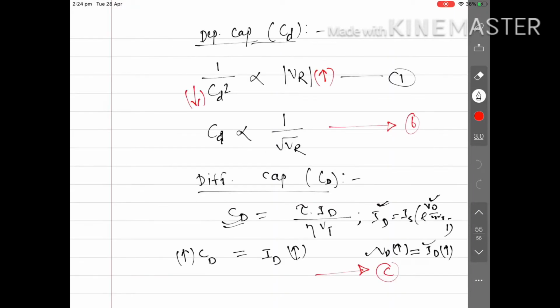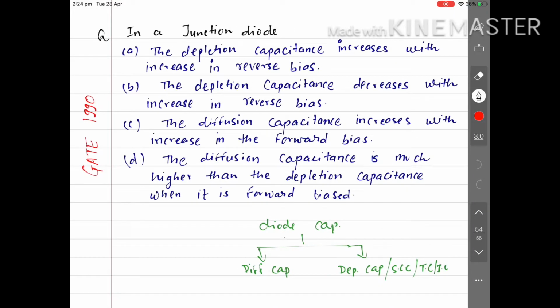So finally we got the answer of this question. The first is B, right?